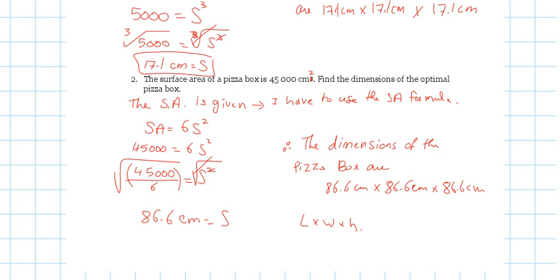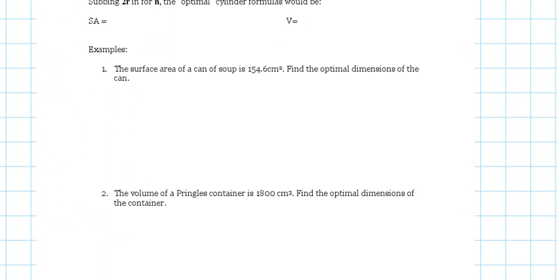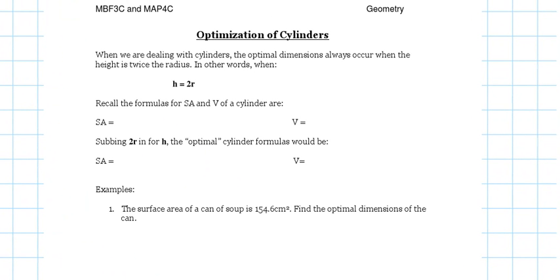All right. Now, we're also going to look at optimizing cylinders. A lot of our bottles or cans all have a cylindrical shape.